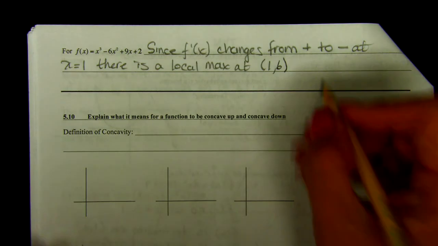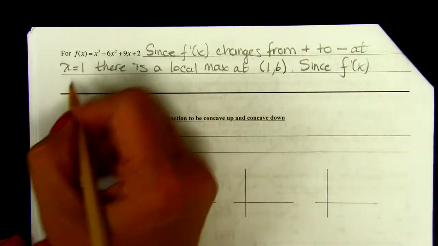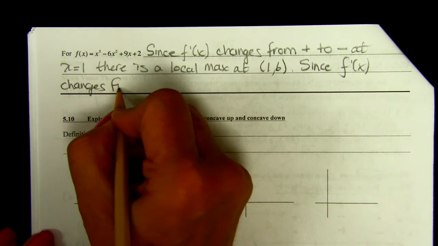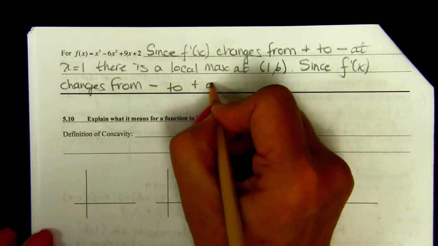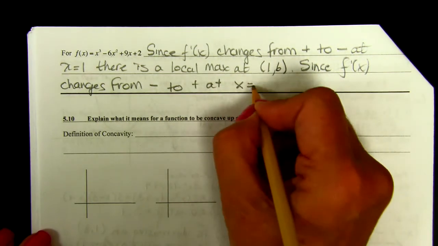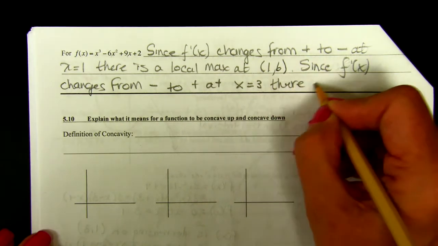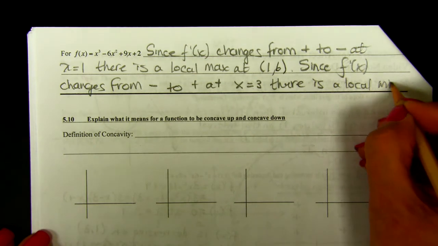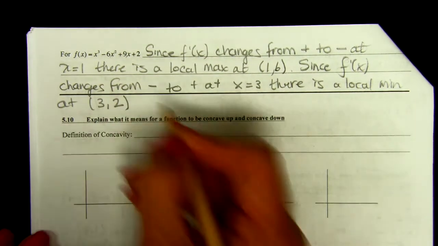And since the derivative changes from negative to positive at x equals 3, there is a local min at the point 3, comma 2.